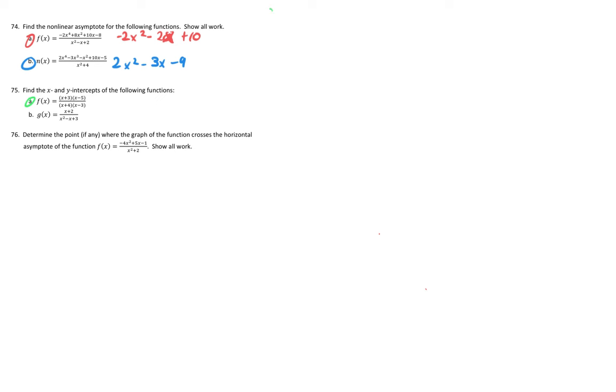So for this first one, we'll say 0 plus 3 times 0 minus 5 over 0 plus 4, 0 minus 3, which is going to equal negative 15 over negative 12, which will give us simplified 5/4, or you could say the intercept in coordinate form.